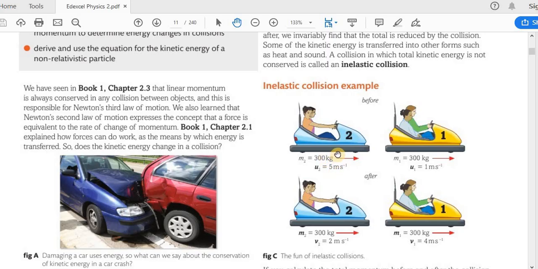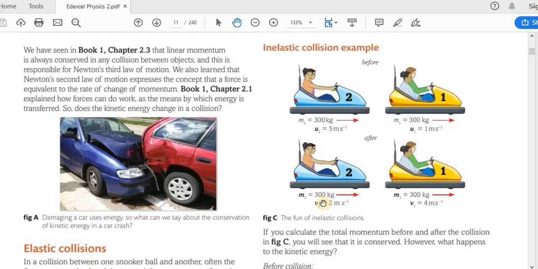We have learned the formula for momentum. Momentum equals mass times velocity. So the initial momentum of this is 300 times 5, the mass times the initial velocity, and the momentum of this before collision is 300 times 1. Then after collision it's 300 times 2 for this one and 300 times 4 for this one.